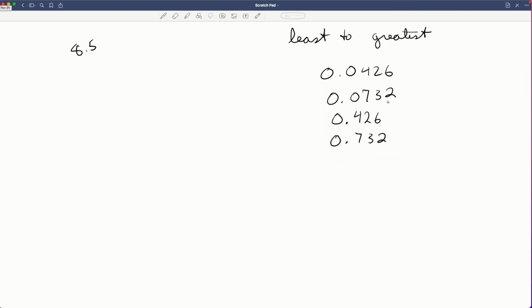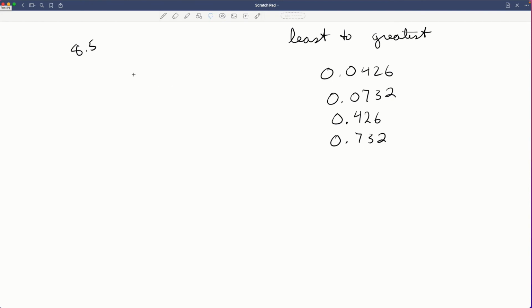So from least to greatest. And we just look at the place value, starting from left to right. That gives us the size or the value of that number, and it helps us to put it in the proper order given the directions. Now, your directions might say greatest to least, or they might say least to greatest.